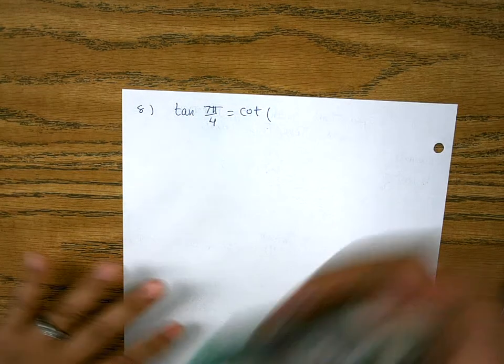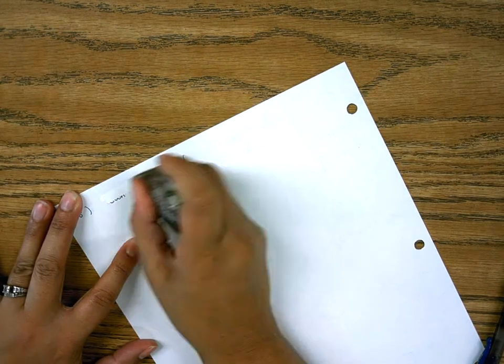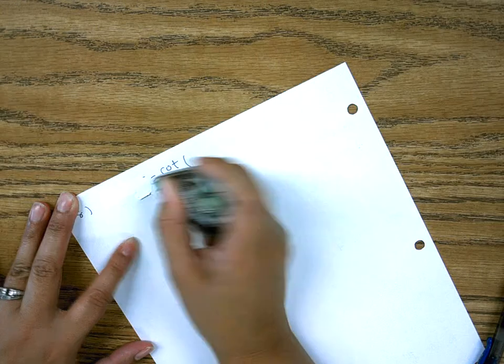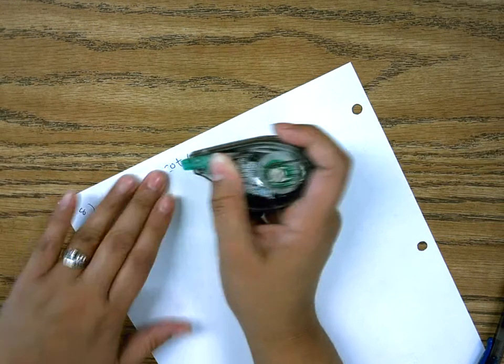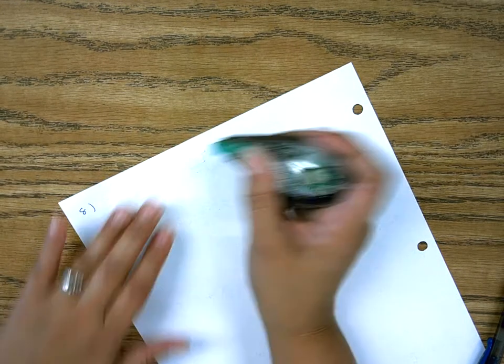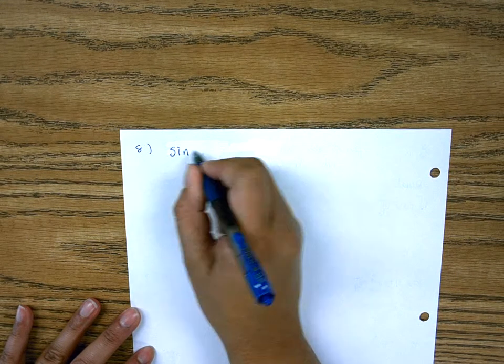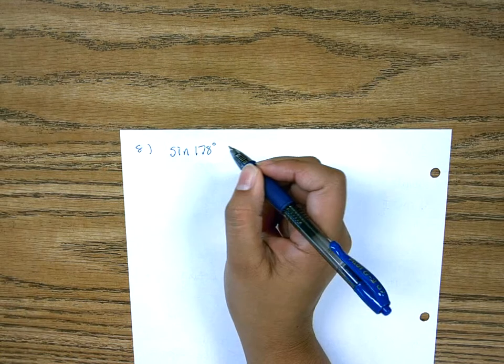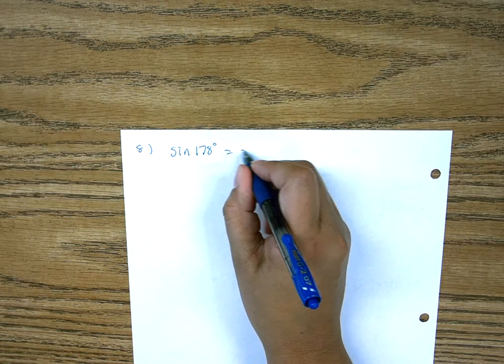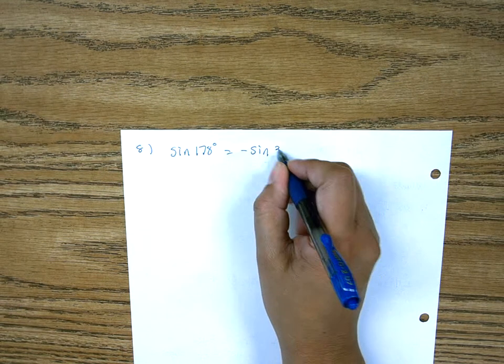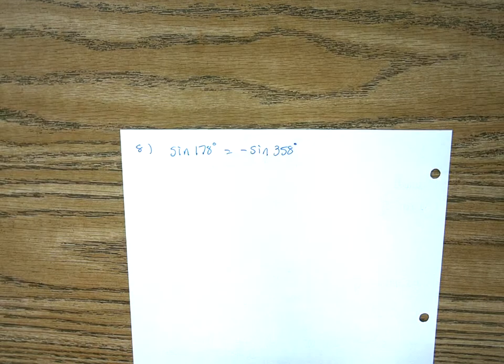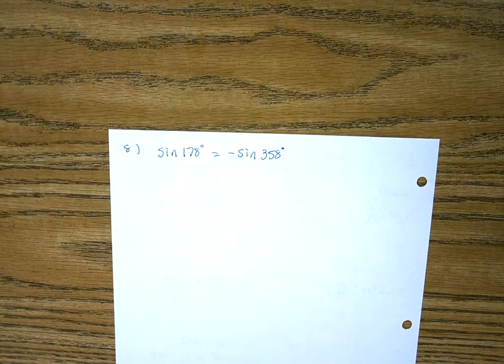Alright, sorry, I had to grab the white out so I can fix that. Okay. Sine of 178 degrees equals negative sine of 358 degrees.